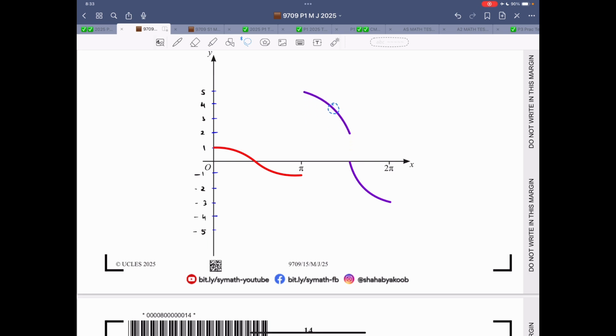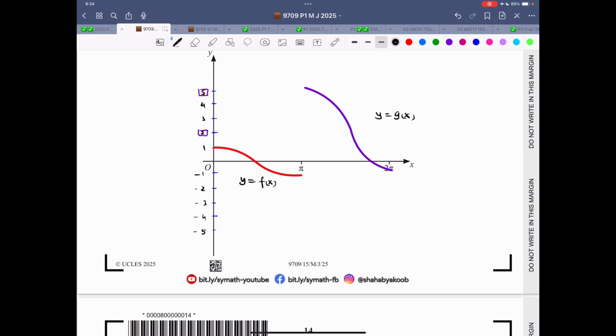So now let me go up like this, and it's from 2 till 5. So now this is 2, this is 5, that is how this is drawn. And of course, it's not very exact. This is, of course, a sketch. It has to be realistic, and that is how this thing is drawn. So this one is y equals g(x), the purple one, the red one, that is y equals f(x). Make sure to annotate it.